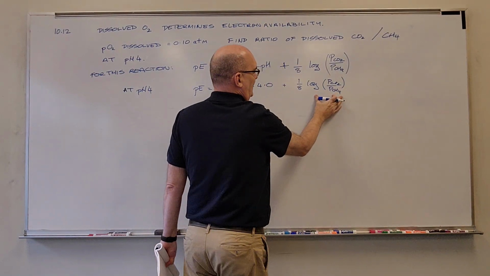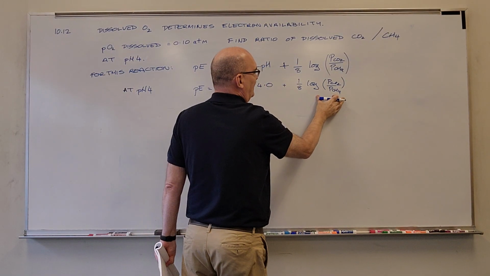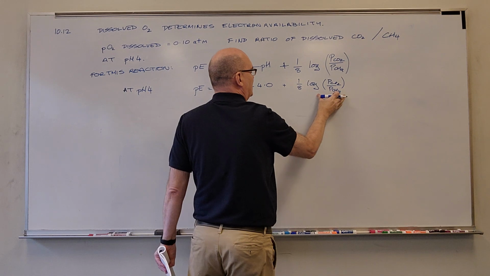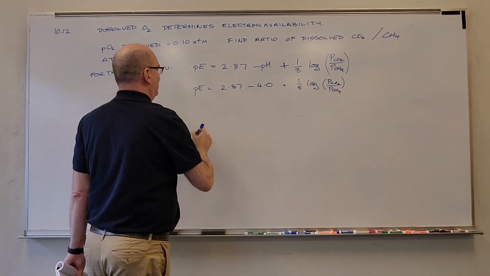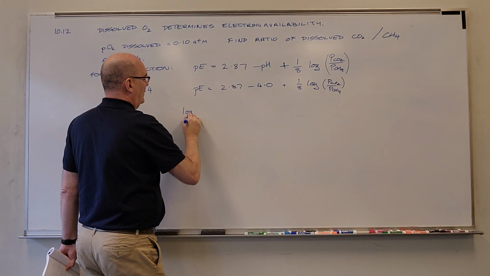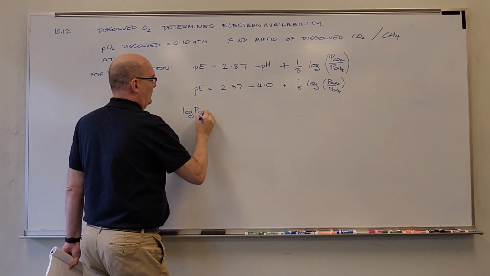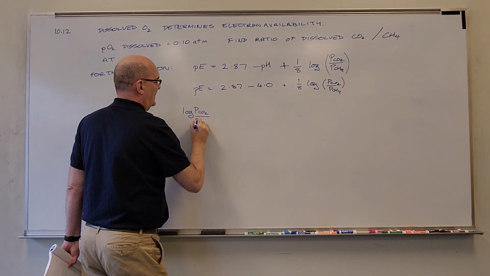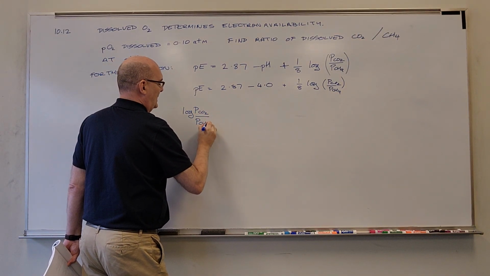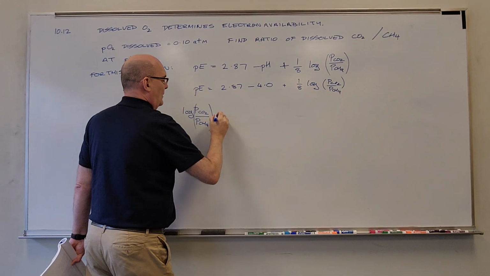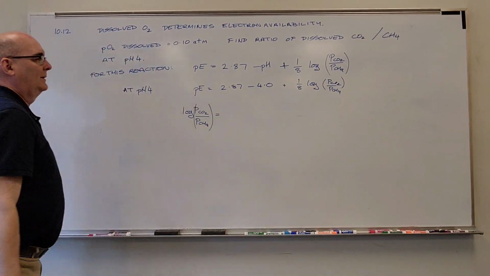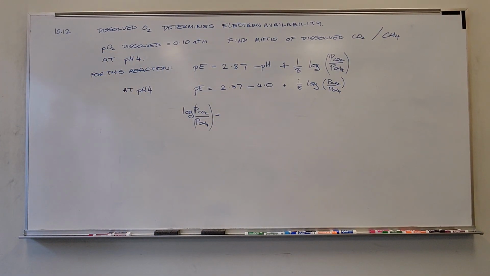So this is the term. Currently it's got a log function in front of it, but that's okay. This is the term that we want to isolate. So I want the log of the carbon dioxide divided by the methane pressures over on one side of the equal sign on its own.